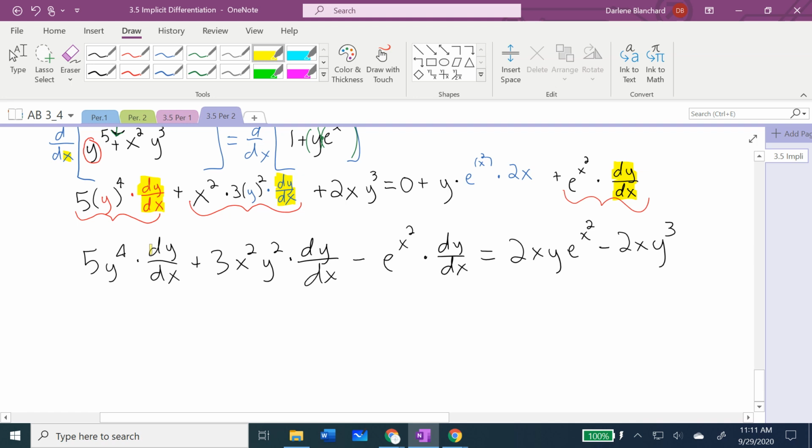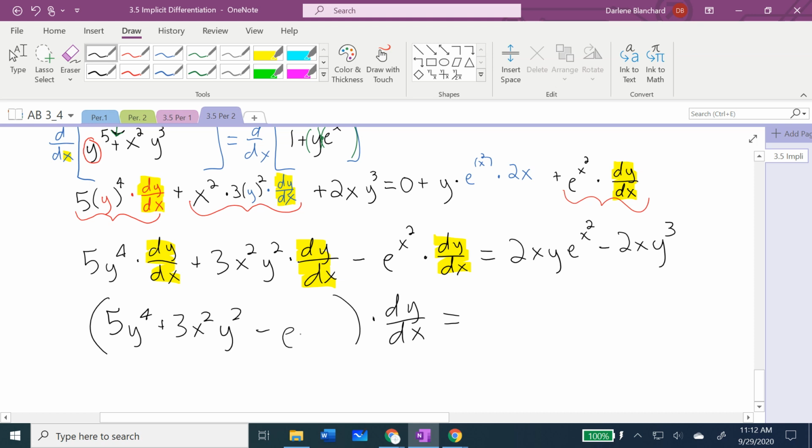I'm going to re-highlight dy dx, all of them, and then see that it's a common factor. So I am undistributing the multiplication by dy dx and leaving 5y to the fourth plus 3x squared y squared minus e to the x squared.